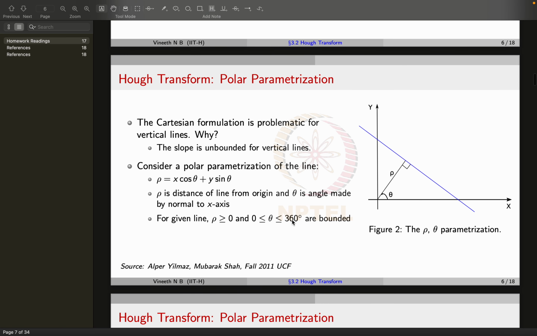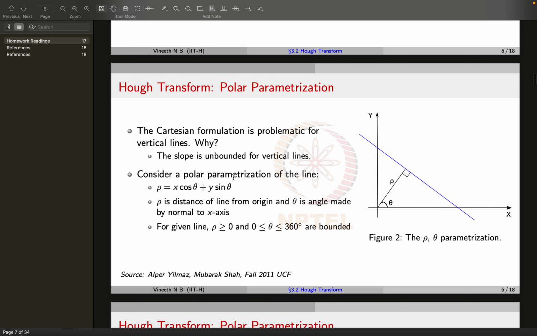Another way to represent a line is in the polar form, right? So why is this done?